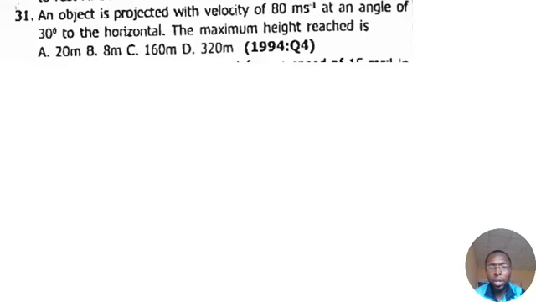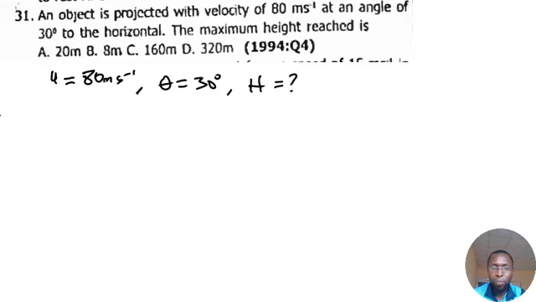An object is projected with velocity of 80 meters per second. So our initial velocity U is 80 meters per second at an angle of 30 degrees, meaning that our launch angle is 30 degrees to the horizontal. So the maximum height, that is our h, is what we need to get.